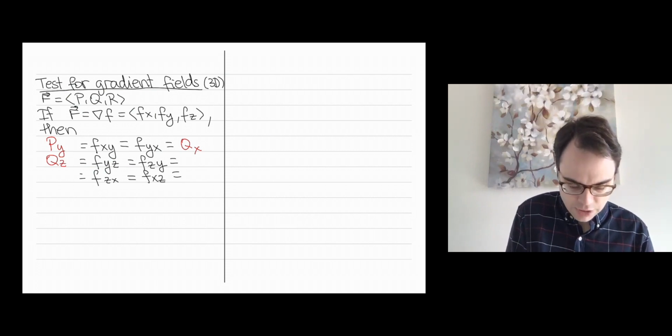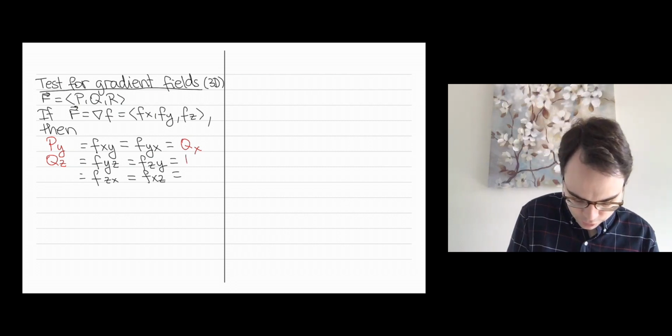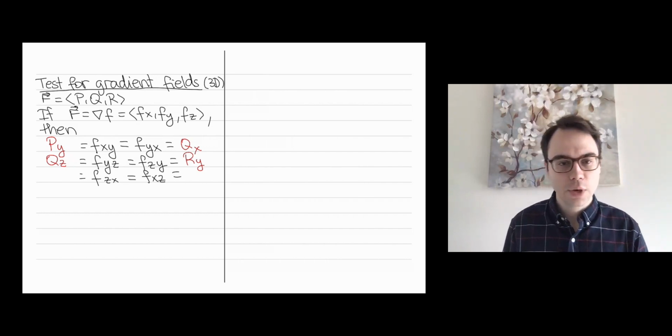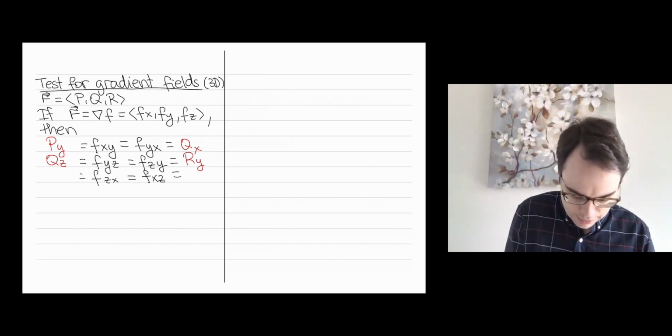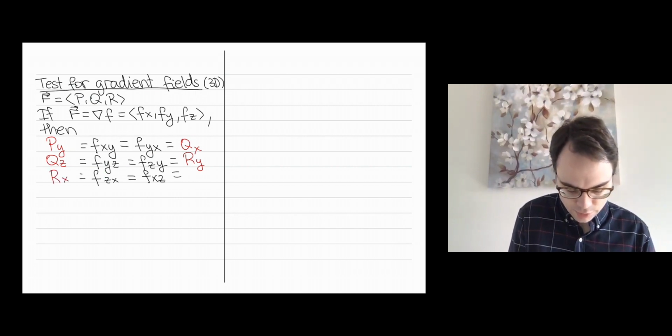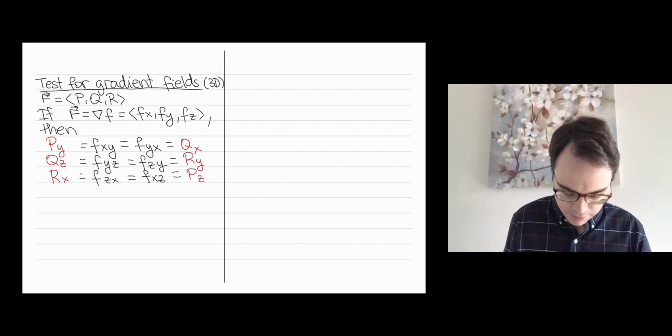On the right of the same equation, I have the y partial of f sub z, that's the y partial of r. And now moving on to the third equation between mixed partials, I'm looking at the x partial of f sub z, that's the x partial of r, that is equal to the z partial of f sub x, which is the z partial of p.